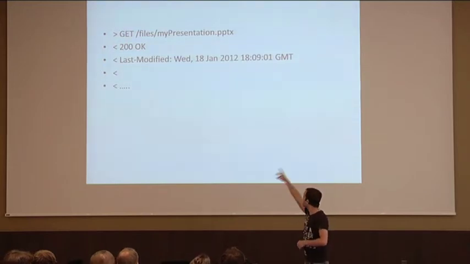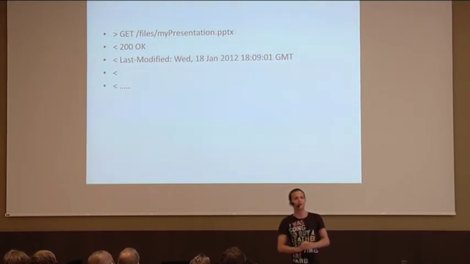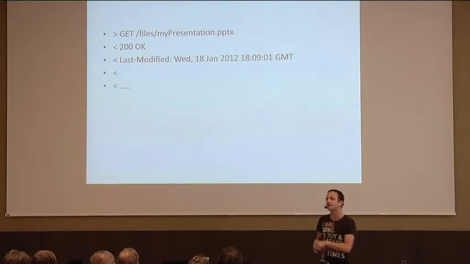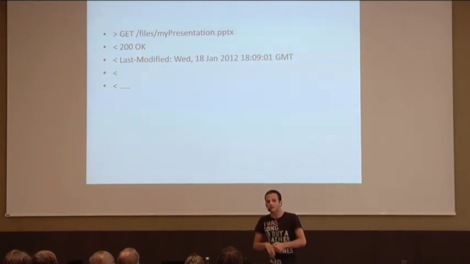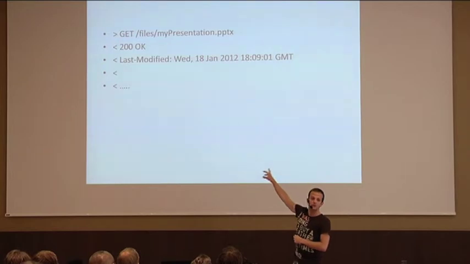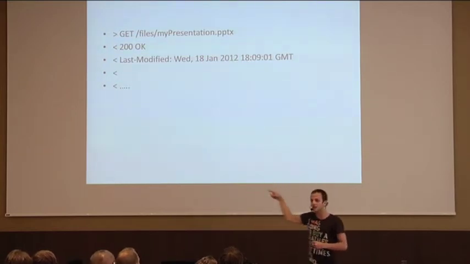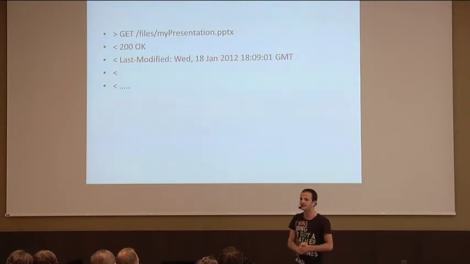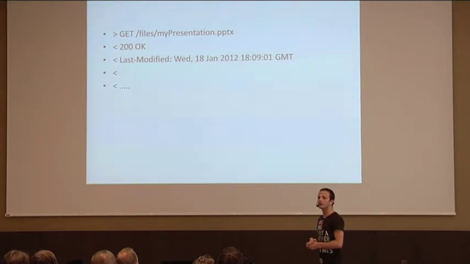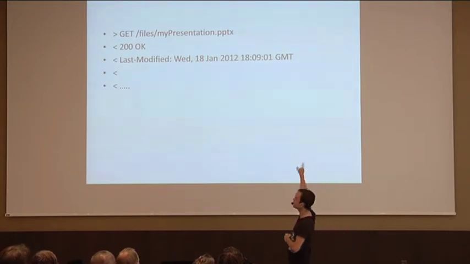So I can put the last modified, and this is the format of my last modified date. I would advise you to look at this format very well, because if you ever modify the last modified yourself, chances are in 90% of the cases, you're going to get it wrong. There's only one format for HTTP dates, and it's that one. And you see at the end is GMT.